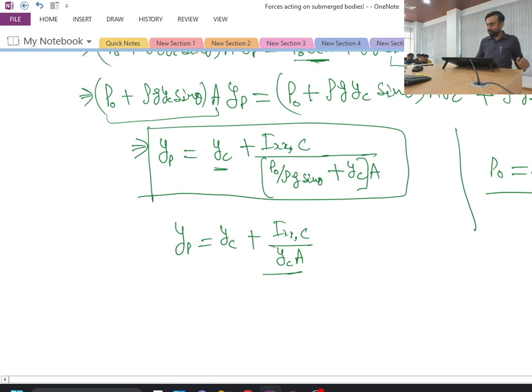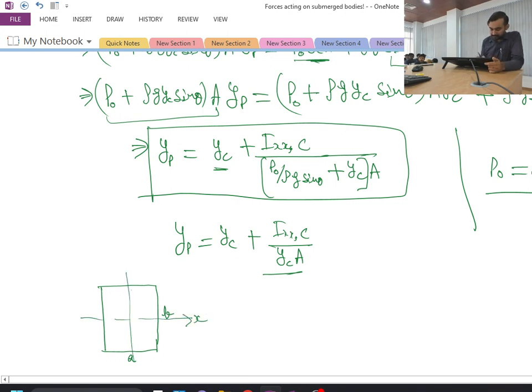For example, if I draw a rectangular cross section with one side A and the other B, and these are the axes, say this is the x axis and this is the y axis, then Ixx for this body about its centroid is nothing but AB cube by 12.